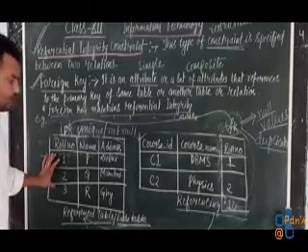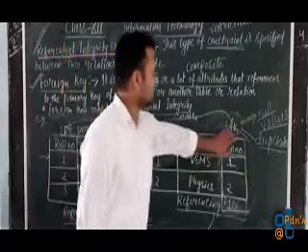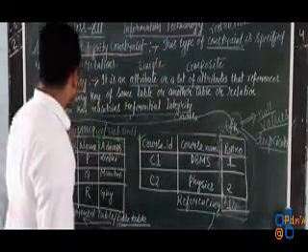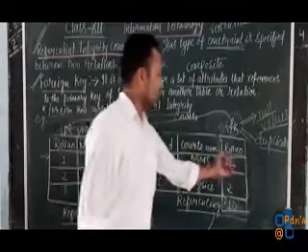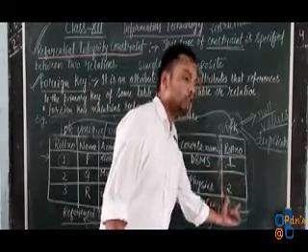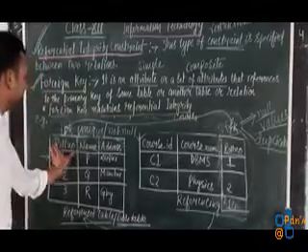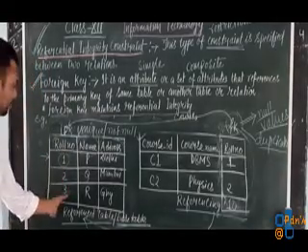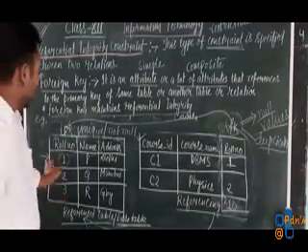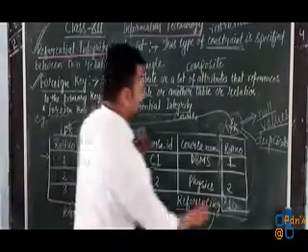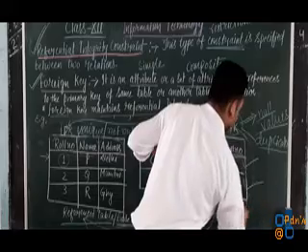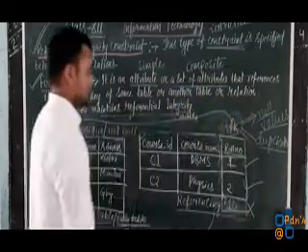Since we are referencing this roll number foreign key attribute with the primary key of the student relation, this roll number attribute should only contain those values which are there in the primary key column of the student table. So 1 and 2 it will accept, but 10 it will not accept.